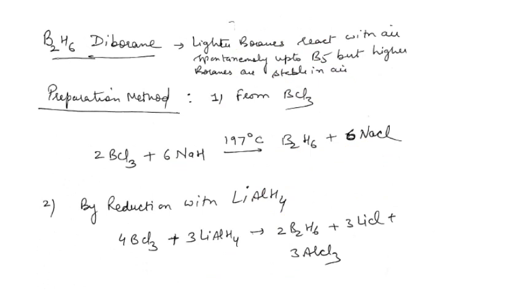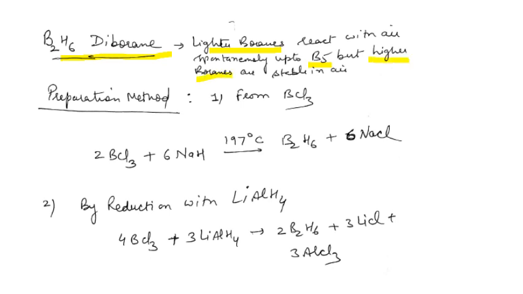When they are electron deficient, they act as Lewis acids. So let's start with the first compound, boron hydride, that is diborane, B2H6. It comes in the category of the lighter boranes. What are lighter boranes? When the boron atoms are up to 5, B5, it comes in the category of lighter boranes, and from 6 onwards we have the higher boranes.